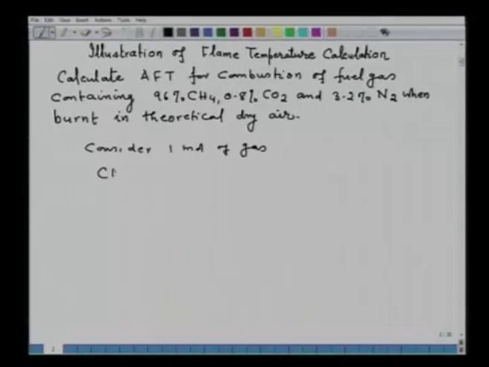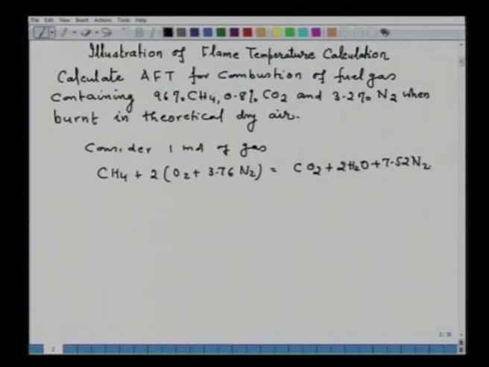So, now in order to do material balance, we write down the combustion reaction, which is CH4 plus 2 O2 plus 3.76 N2, as this is the composition of air, that is equal to CO2 plus 2 H2O plus 7.52 nitrogen.